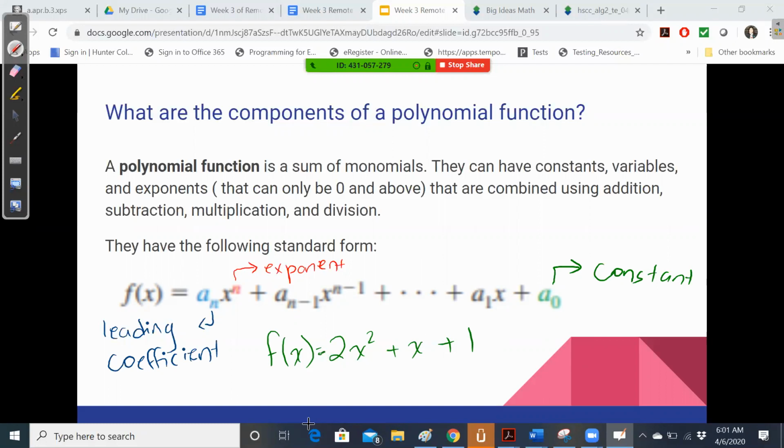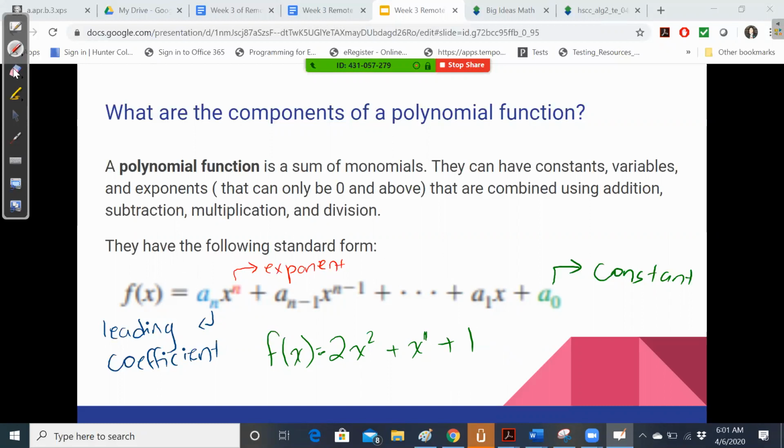So this would be an example of a polynomial function, and it's in standard form, because over here, if you look at the exponents, it's in descending order, or from greatest to least. So the exponent here is 2. If I don't see an exponent here, it's going to be a 1. And then over here, we have our constant. We just have our plain number without a variable.